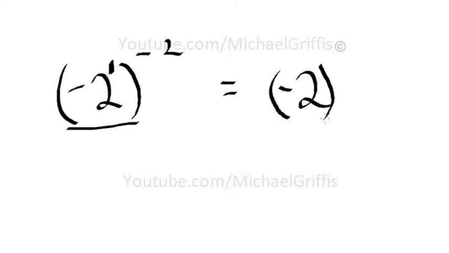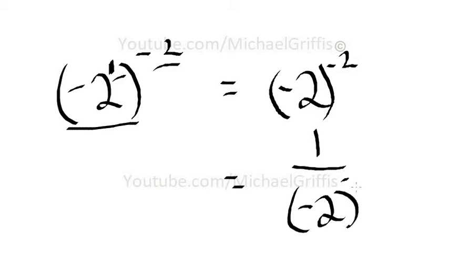It looks like we just rewrote the problem, but really we didn't. We rewrite this as 1 over negative 2 squared, which becomes 1 over, negative 2 times negative 2 is 4. All right, got to watch out for these negative signs.